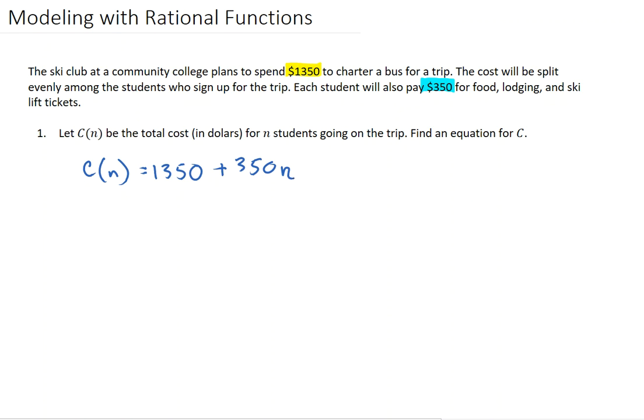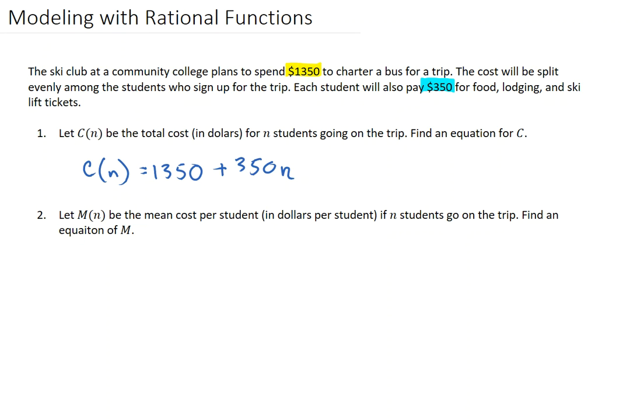And the number of people going on the trip is given by n. So our function for that is going to be 1,350 plus the 350 times n. So that's all we need to do for that, is take the information that's given in the problem and construct it into an equation.